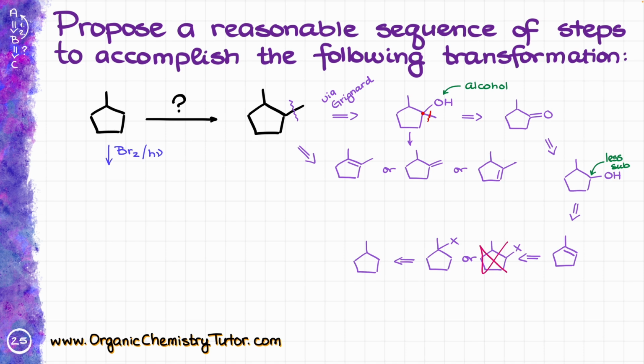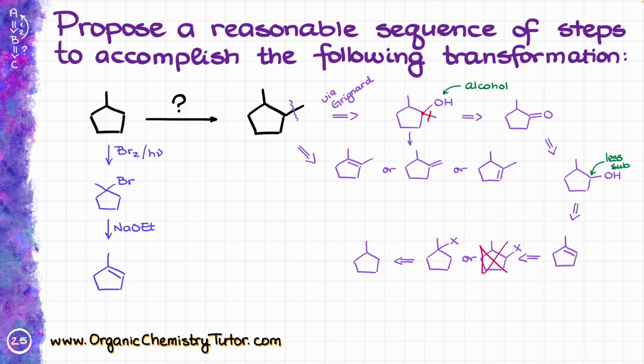So my step number 1 is going to be radical halogenation with bromine with a high temperature or light, which is going to give me the corresponding bromide. Then I'm going to perform an elimination reaction with a small base to make sure that I'm getting my Zaitsev products. So let's say we're going to take our tertiary alkyl halide here and we're going to treat it with sodium ethoxide, giving us our methyl cyclopentene.